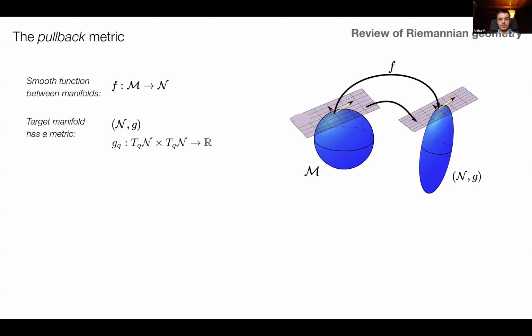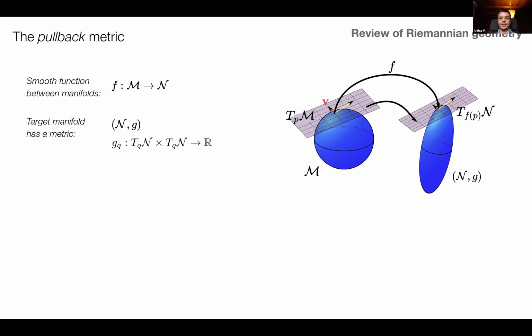So visually, how does that look? We have our M and N manifolds. If we take two tangent vectors in our N manifold, the red and yellow vectors on the right, we have a way to measure their inner product with G. And now we have access to the tangent space of our manifold M and the tangent space of our manifold N. And I want to somehow define an inner product back on the manifold M based on the one that I have on the manifold N. So it's going to work like this.